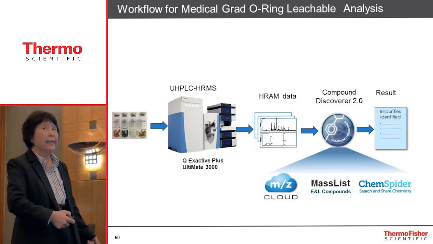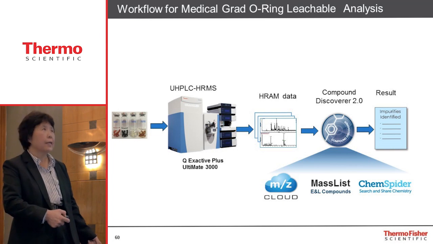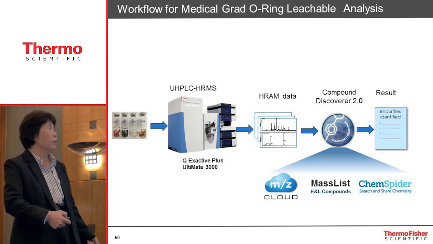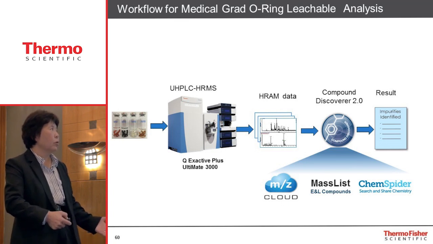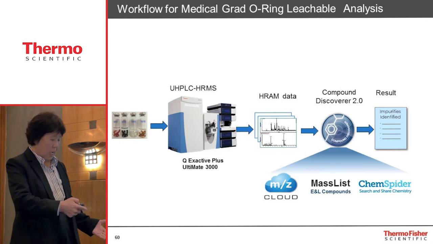We can do unknown impurity analysis very easily because we have the mzCloud and this homemade database we simply call the mass list, which is a common E&L compounds database, and you can also do a ChemSpider search.